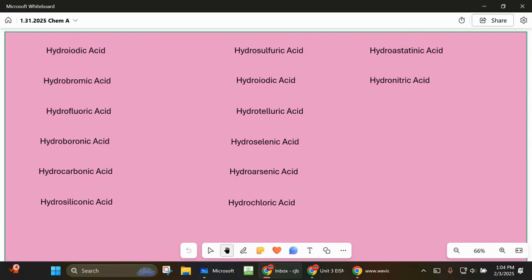Is the first one on the furthest left column and the second one on the middle column the same? First one on the furthest left, hydroiodic. Yes, it is. Sorry.